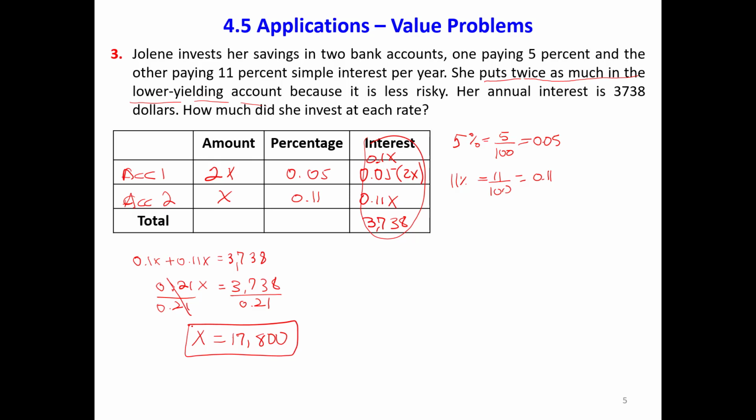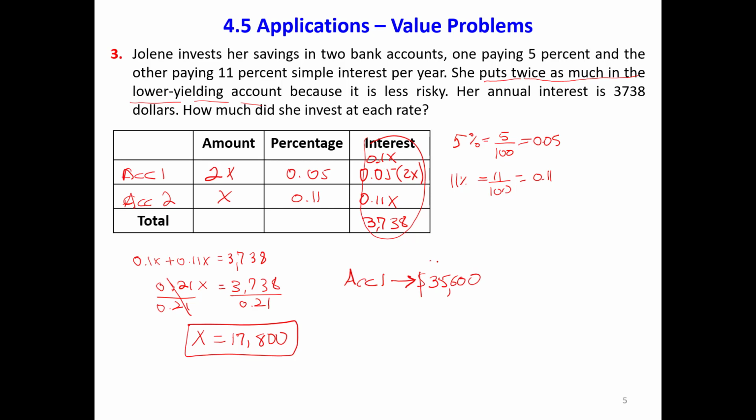Then now we know the x value. Now we can answer the question: how much did she invest at each rate, in each account? Then in account 1, she invests 2 times x, which will be $35,600.